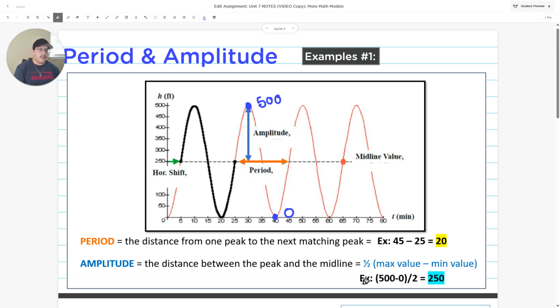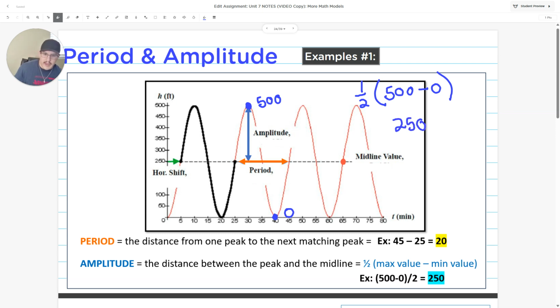So the amplitude is half the distance between the peak and the valley. So we're going to subtract that distance, 500 minus 0, and then we're going to take half of it. Okay, so half of 500 is basically 250.